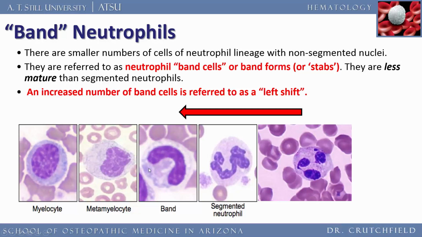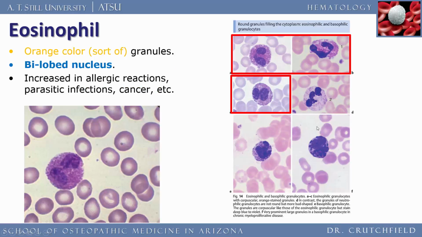If someone has 60% bands, they're really sick. They're pouring out white cells, and I need to keep that in the back of my head when I treat them, because that means they're going to be really sick. So a band neutrophil is a premature form of the segmented neutrophil, and too many of them is referred to on your complete blood count as a left shift.